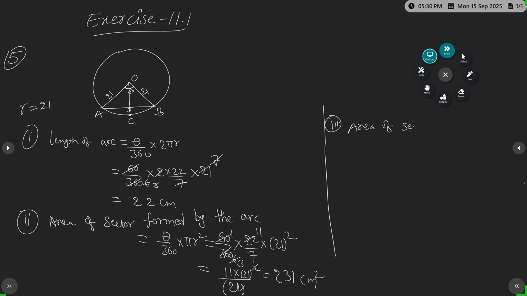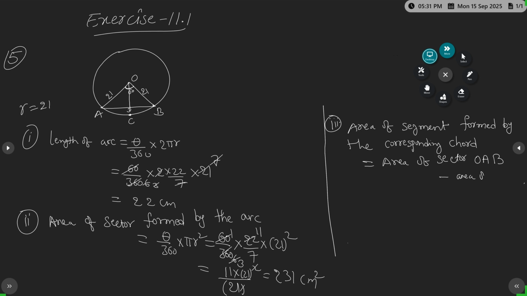Area of segment formed by the corresponding chord equals area of sector OAB minus area of triangle OAB.